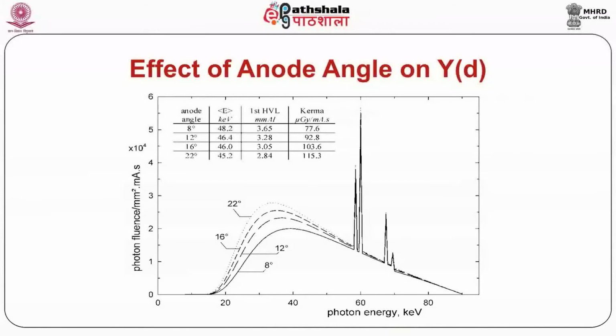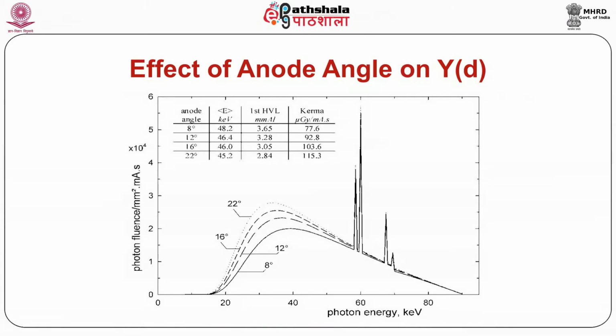Low energy photons do not contribute to image formation because of their limited penetration, and hence filters are used to reduce the low energy components of the X-ray spectrum. The total filtration of an X-ray tube includes inherent filtration by the tube components, that is tube wall, and added filtration.